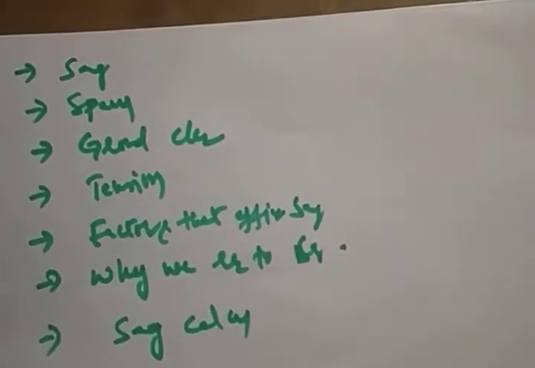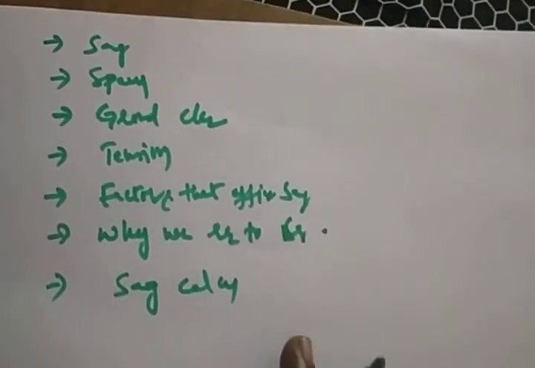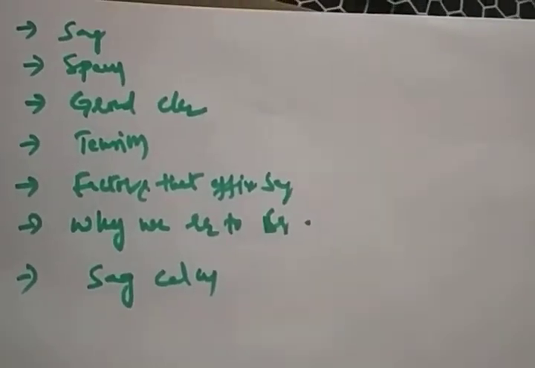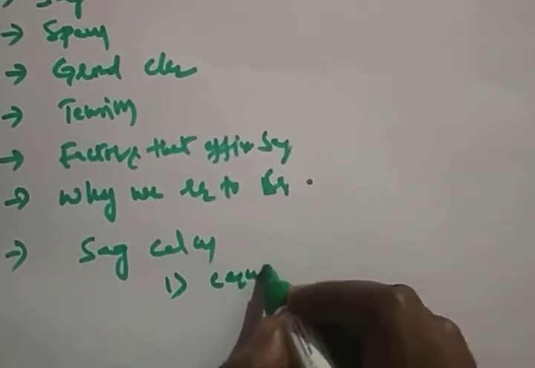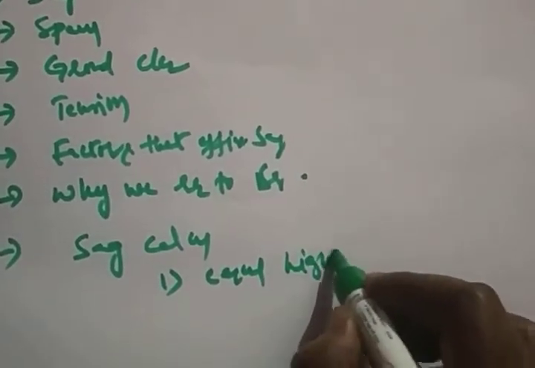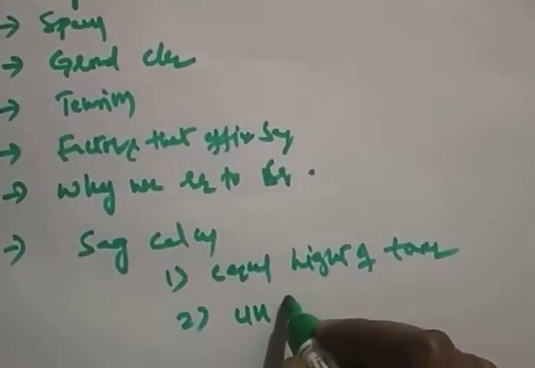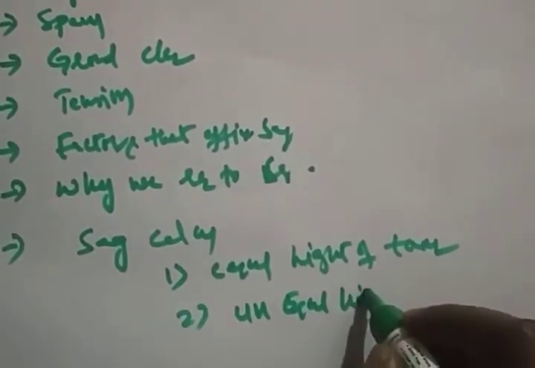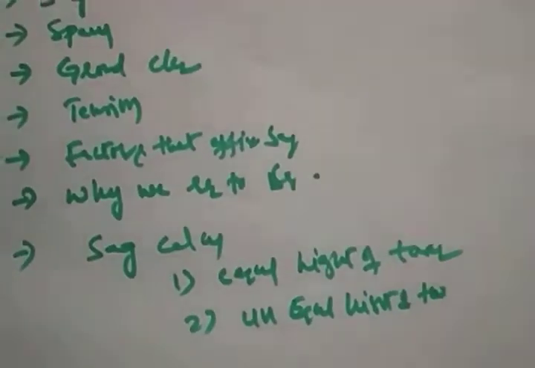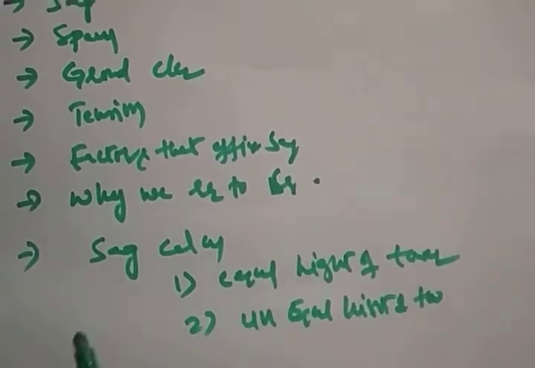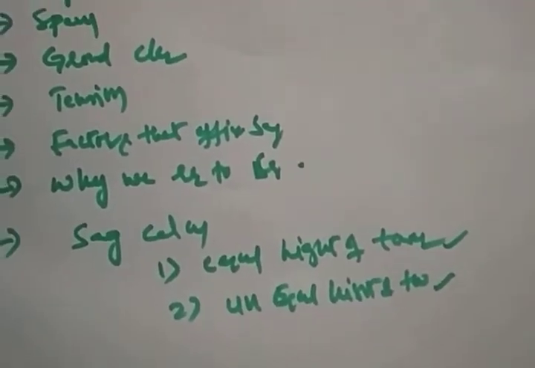There are two types to calculate the sag between two towers: equal height of towers, and the second one is unequal height of towers. We derived all the formulas regarding sag calculations for equal height and unequal height of towers.